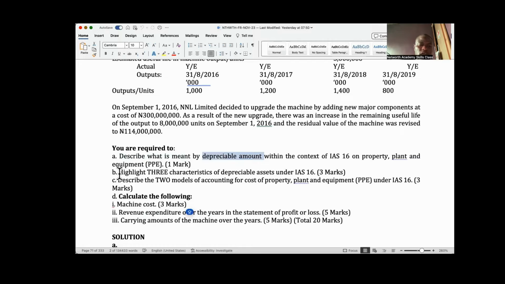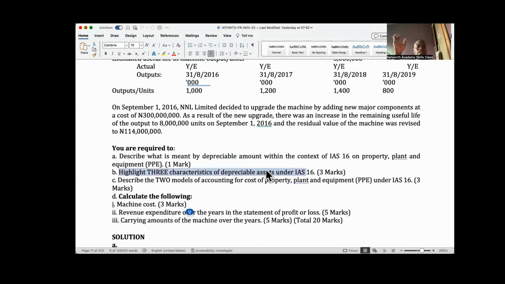Then the B said that we should highlight 3 characteristics of a depreciable asset. I think when we say depreciable asset, one of the characteristics is that it must have a limited useful life. That is why we don't depreciate land, because land has an unlimited useful life, so it is not a depreciable asset.